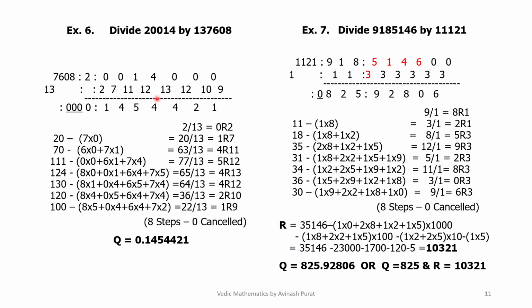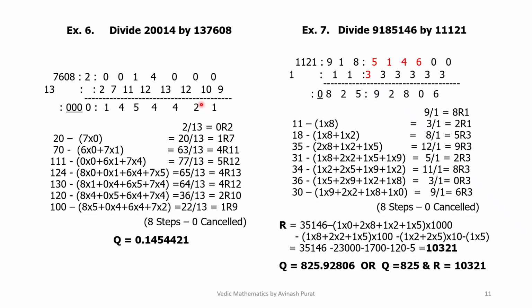So the next dividend is 130, minus 8 into 1 plus 0 into 4 plus 6 into 5 plus 7 into 4, that is 64 divided by 13, that is the fourth quotient, that gives us 4 quotient and 12 remainder. 120 is the next dividend, minus 8 into 4 plus 0 into 5 plus 6 into 4 plus 7 into 4, that is equal to 36 divided by 13.